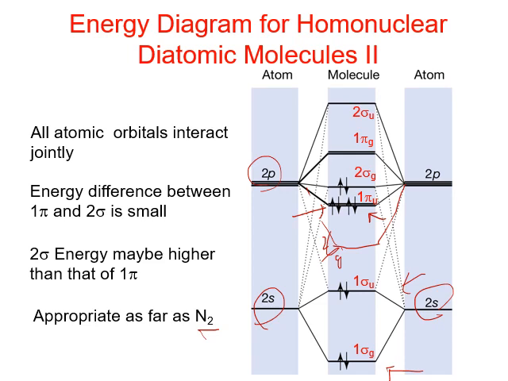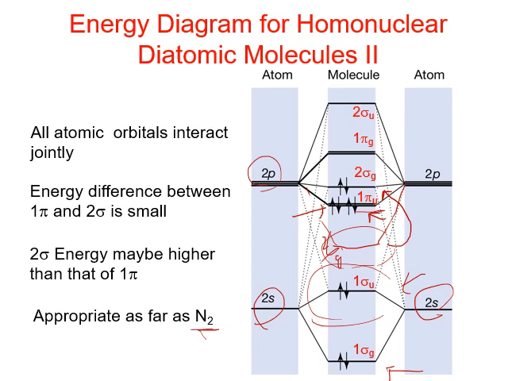However, for the lighter atoms, the energy levels are very close to each other, so this molecular orbital and this molecular orbital mix and interact. The result is that the energy of this one goes up. So the second sigma g actually has an energy higher than the first pi orbital for lighter molecules as far as nitrogen.